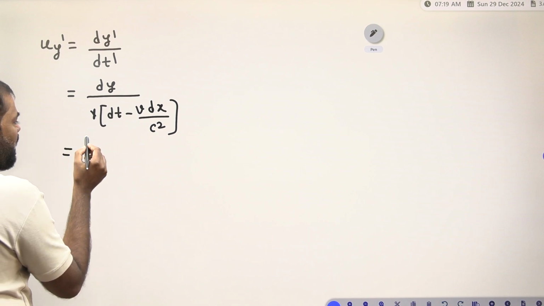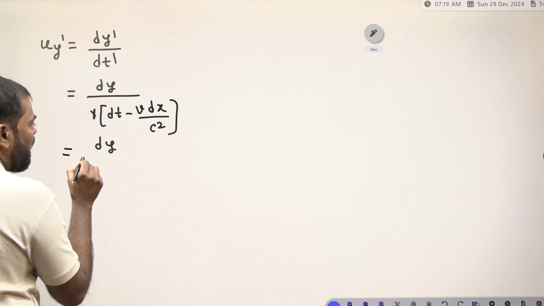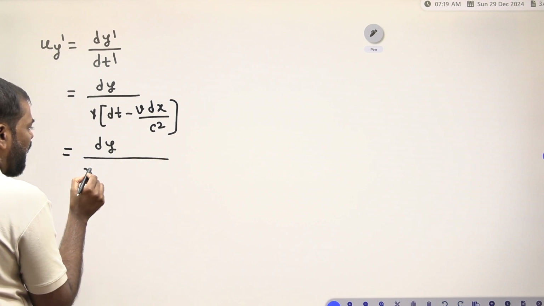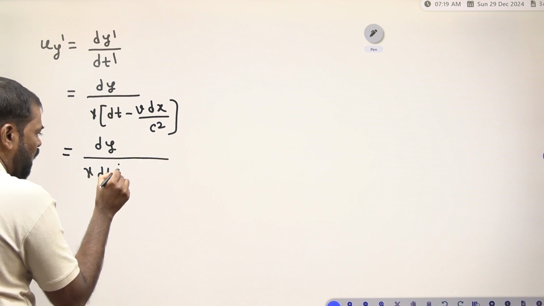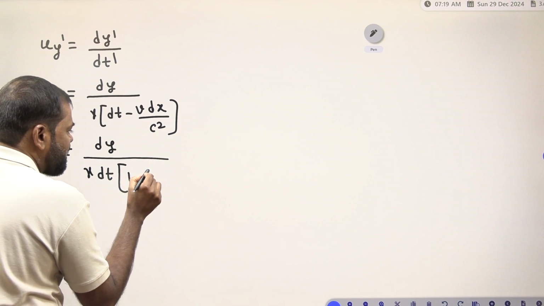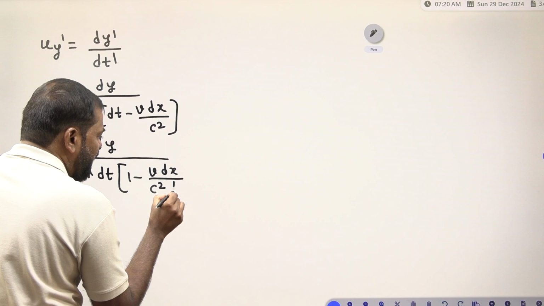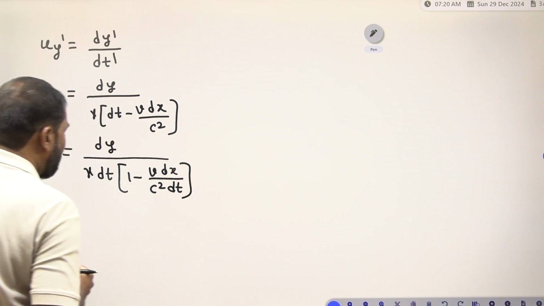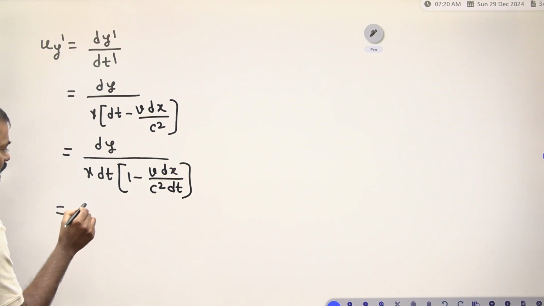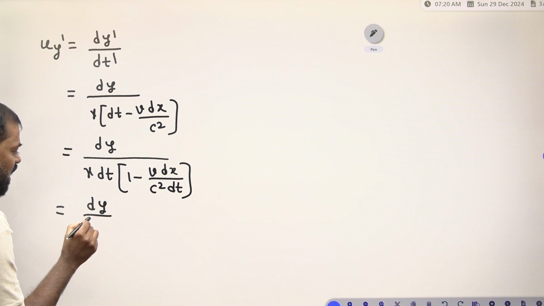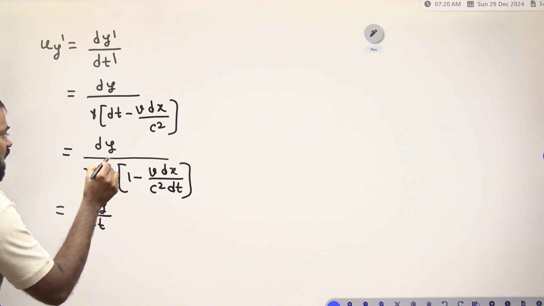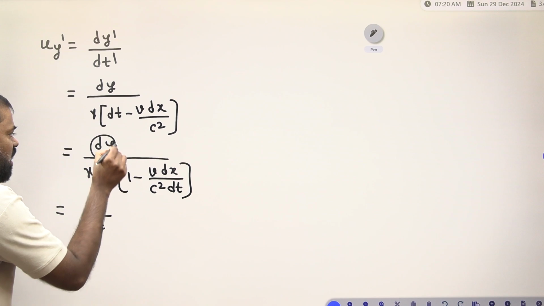Now from this we write dy divided by gamma into, you take the dt outside, 1 minus v into dx divided by c square into dt. Clear? Now I am rearranging the terms. So dy divided by dt, this denominator I have to take to this side.